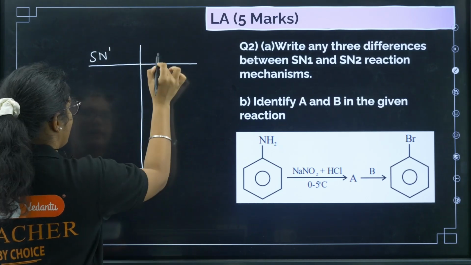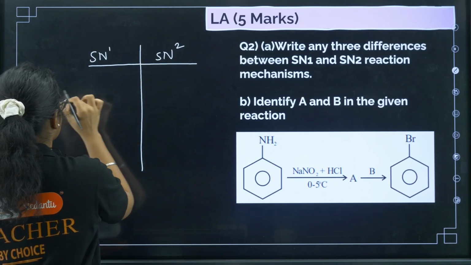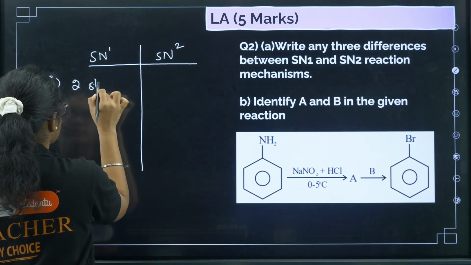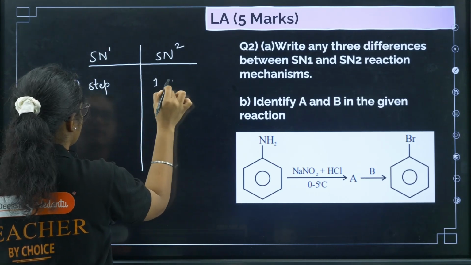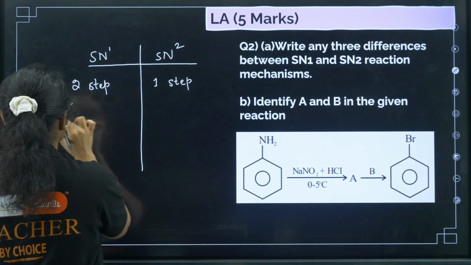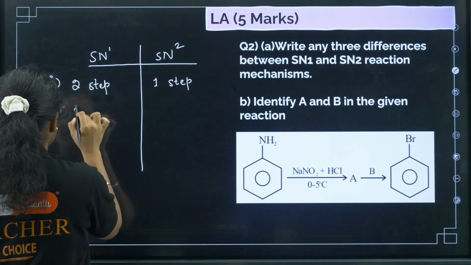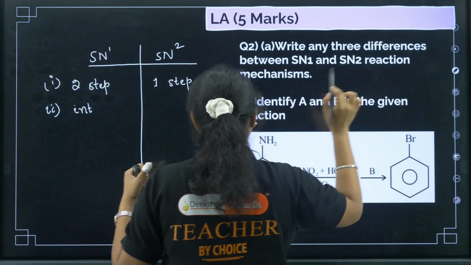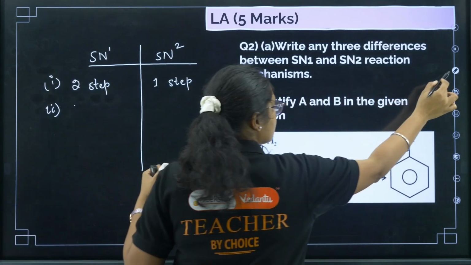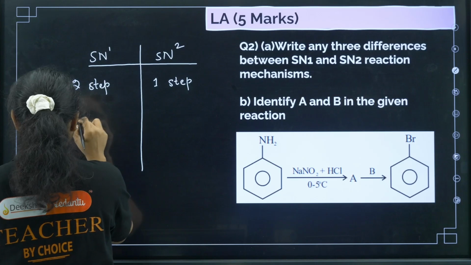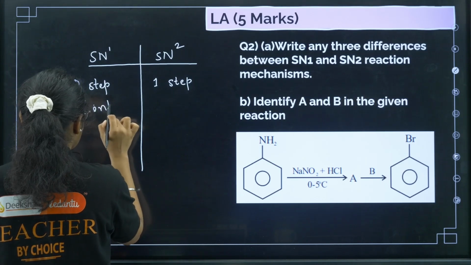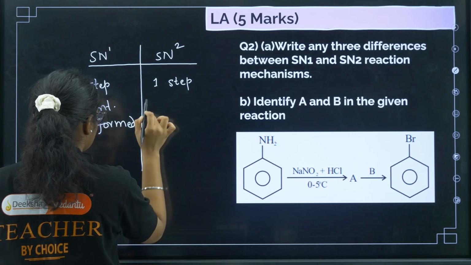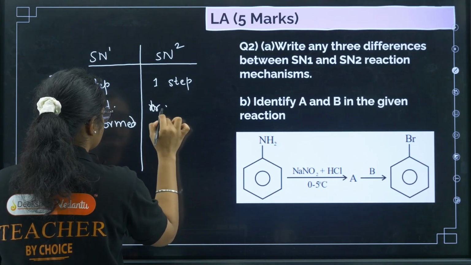SN1 and SN2. The first difference you can write down: SN1 is a 2-step reaction, and SN2 is a 1-step reaction. Second point: in SN1 a carbocation intermediate is formed, and in SN2 a transition state is formed.